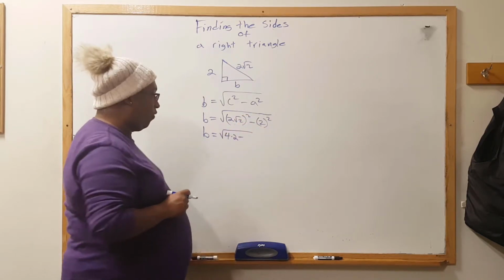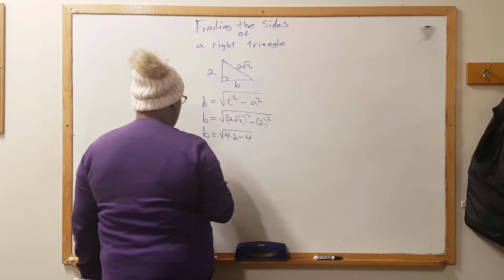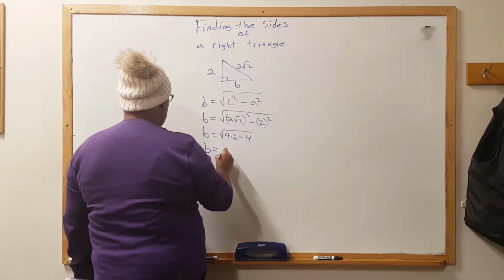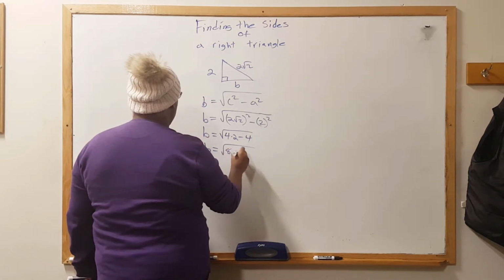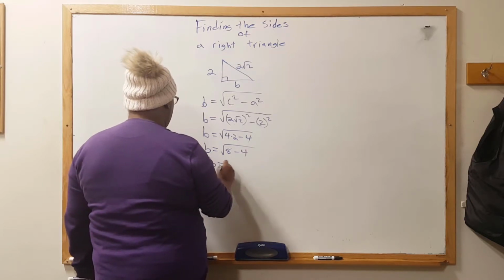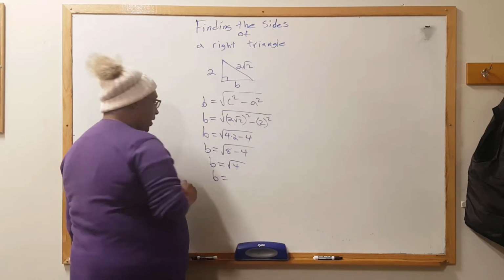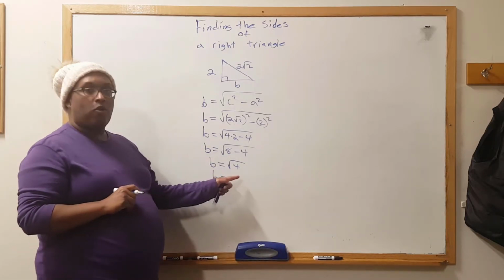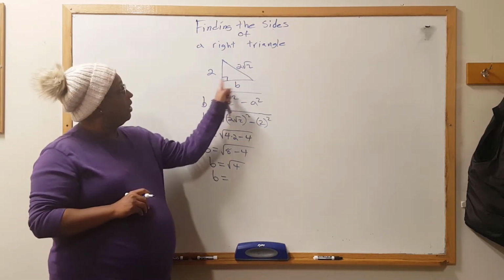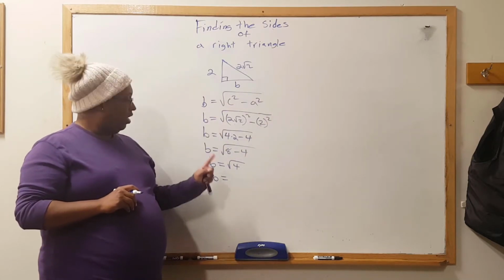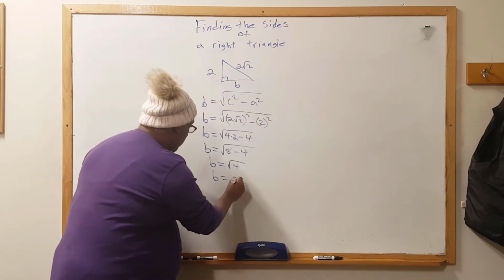Minus 2 squared is 4. So we get B equals square root 8 minus 4. B equals square root of 4. Because we're talking about the length, it has to be positive, and that's just going to be 2.